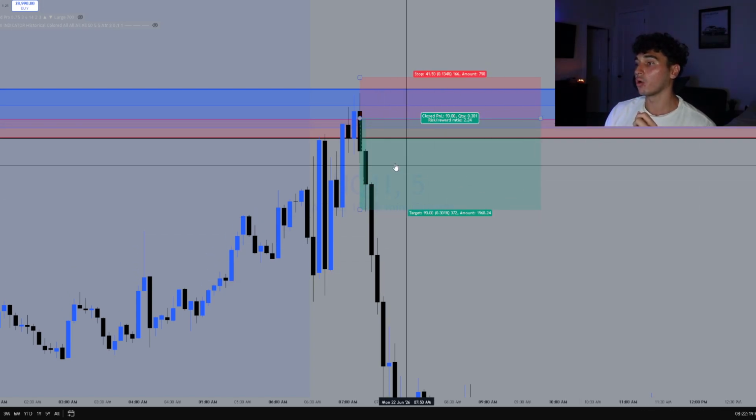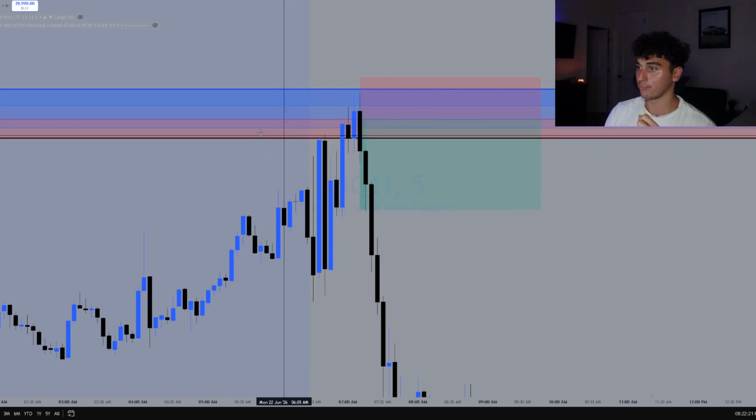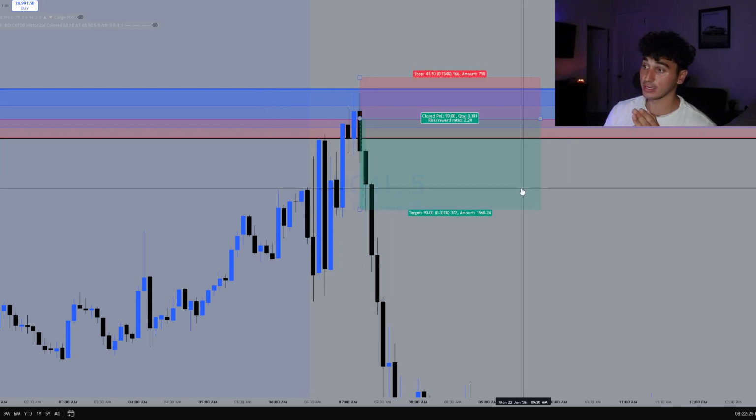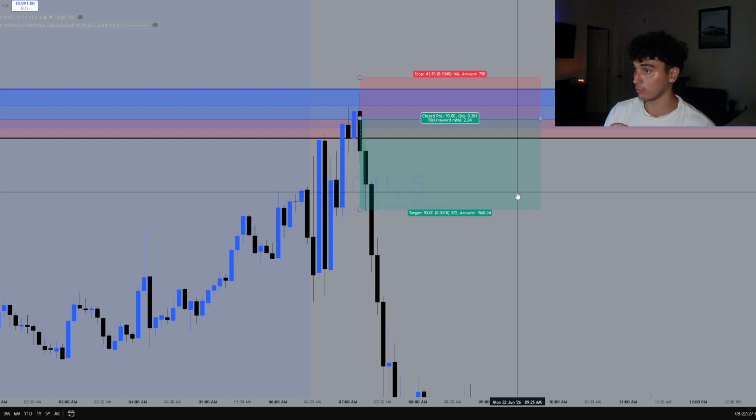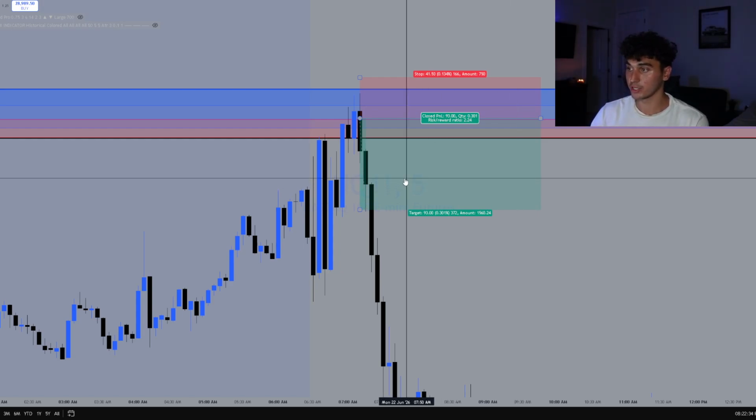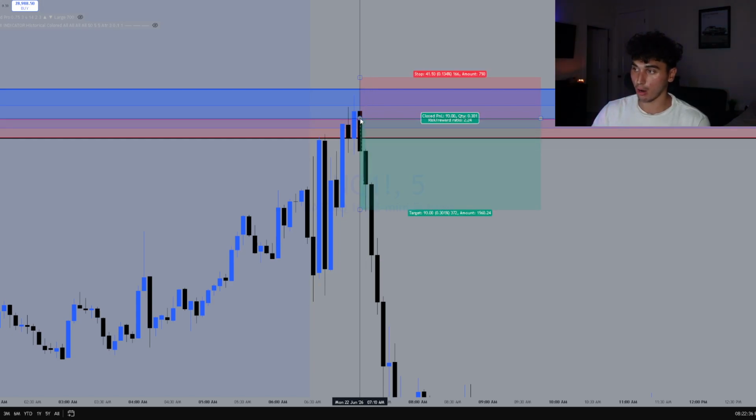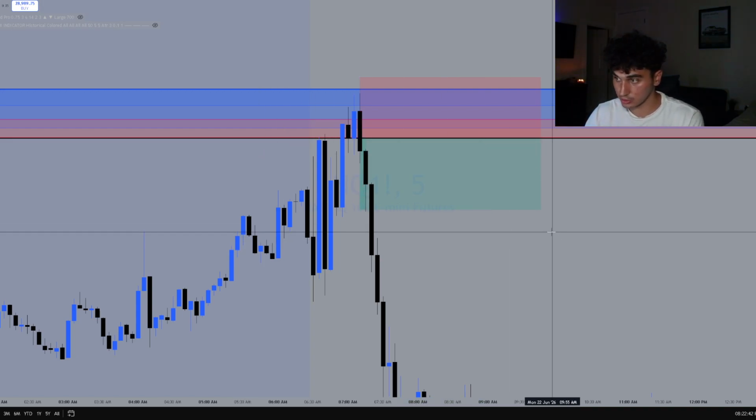Now you can also utilize that breakthrough of the low of the key level as an entry point, as a confluence. You can enter a bit earlier still, but if you do want to wait for additional confirmation, that is another solid confluence you can use in terms of understanding, okay, are these sellers, are these buyers actually going to step in, and are they actually going to step in heavier than usual?